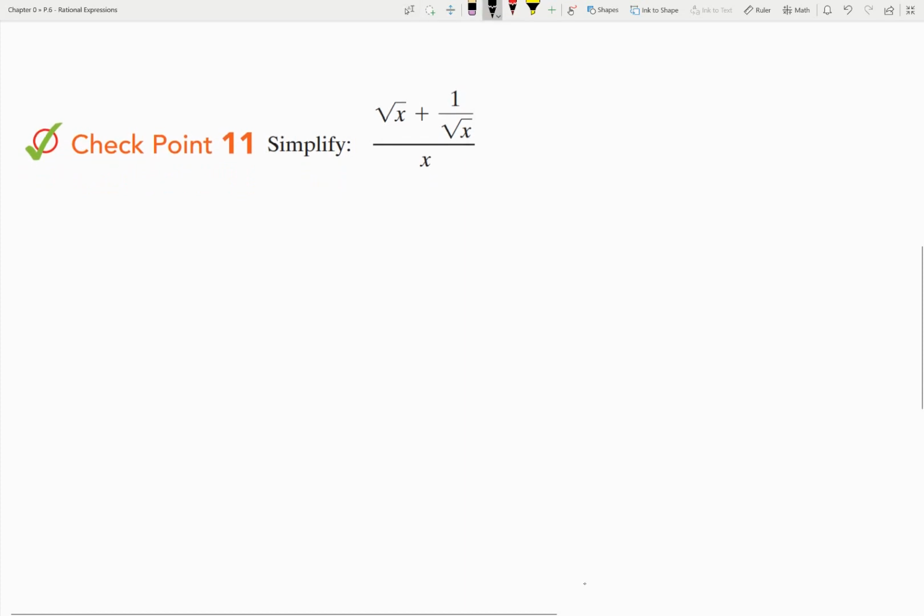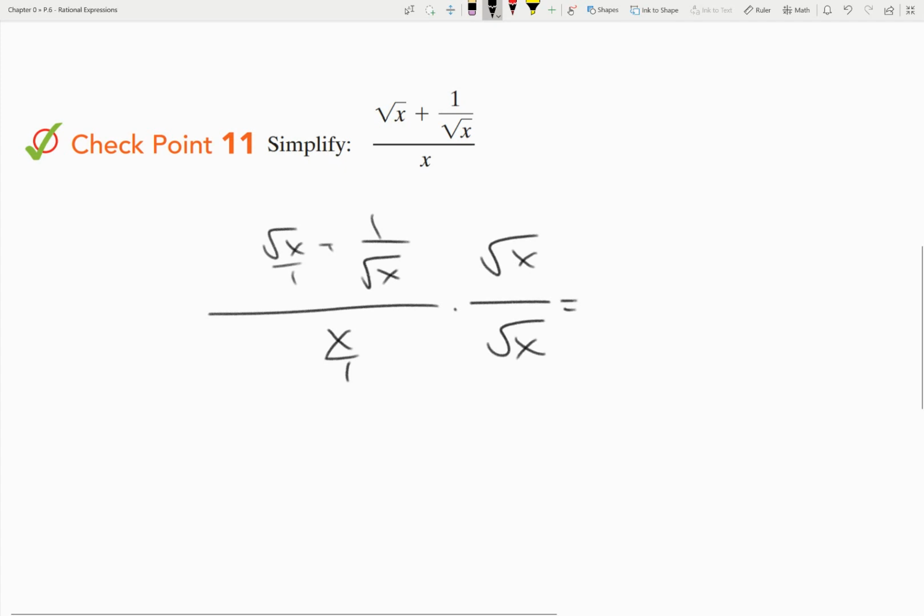Okay, so we have the square root of x plus 1 over the square root of x over x. Denominators, right? There's 3 terms here. The denominator here is 1, the denominator here is 1. So I'm going to multiply everything by the least common denominator of every term, which is just the square root of x times 1 times 1.